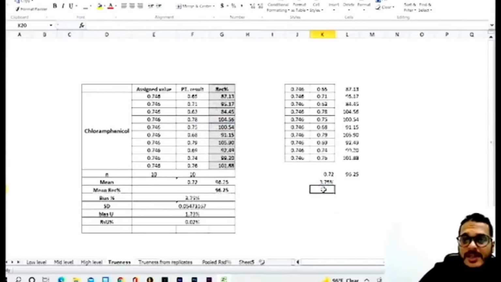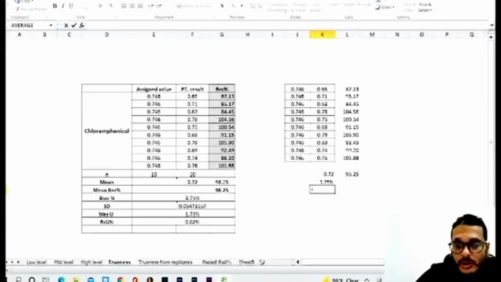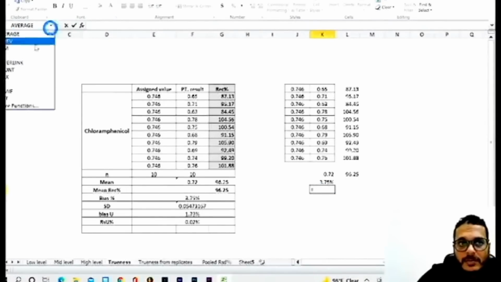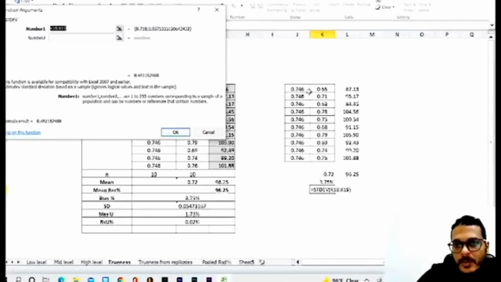Then calculate the standard deviation also. You will use it. Standard deviation between these results.